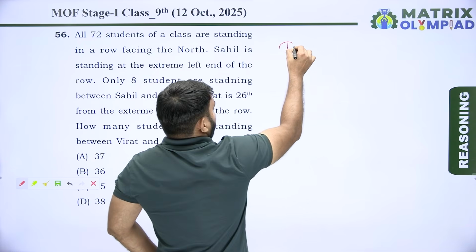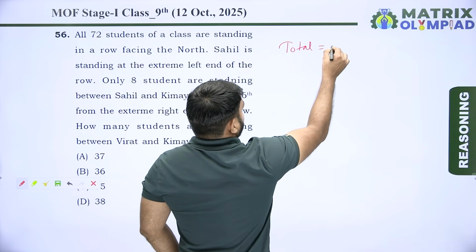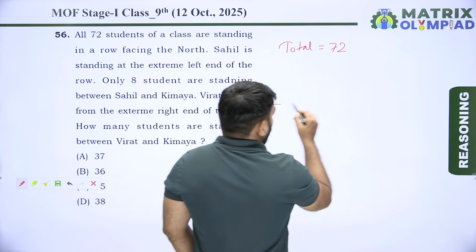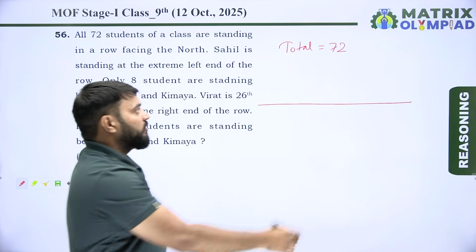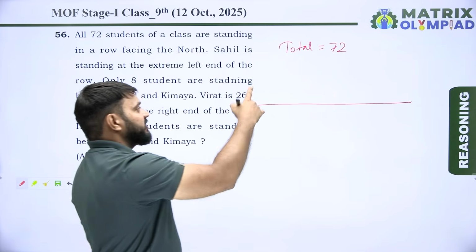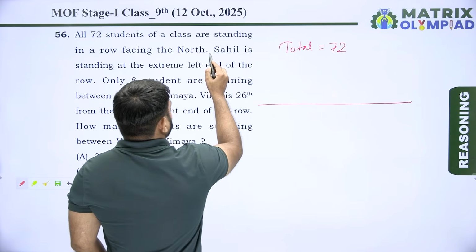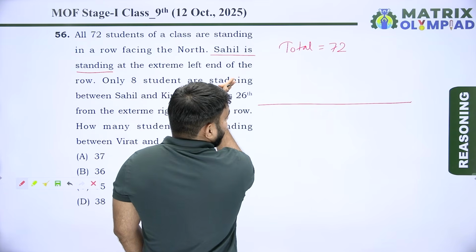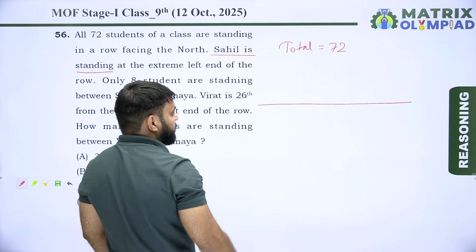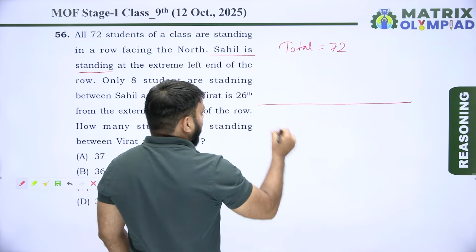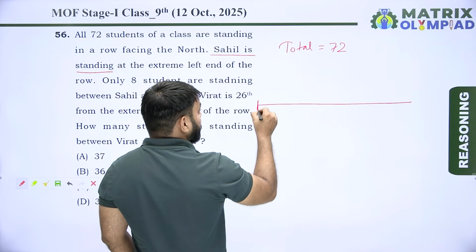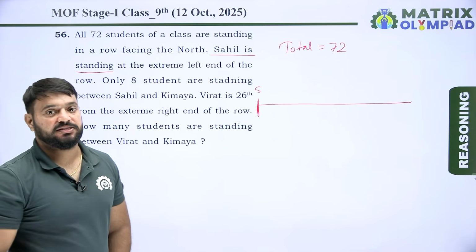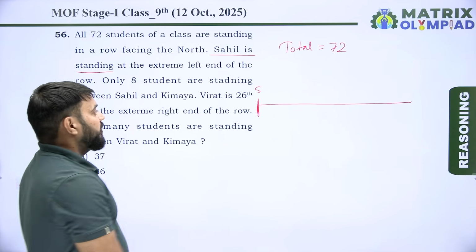In this question, there are a total of 72 students. All are standing in a row facing towards the north. Sahil is standing at the extreme left. So this is the left side of the row and this is the right side of the row. It means Sahil is standing first from the left end of the row.